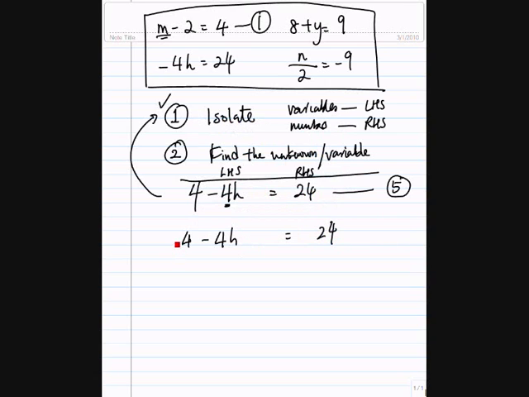Because the sign attached to positive 4 is positive, we need to introduce minus 4, because 4 minus 4 gives you 0. To make the equation balance, we need to introduce another minus 4 on the right hand side.